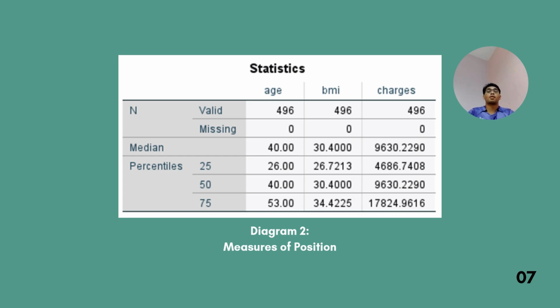Next is the measure of position. Quantiles show where observations fall relative to the whole sample. For age, Q1 equals 26, Q2, the median, equals 40, and Q3 equals 53.